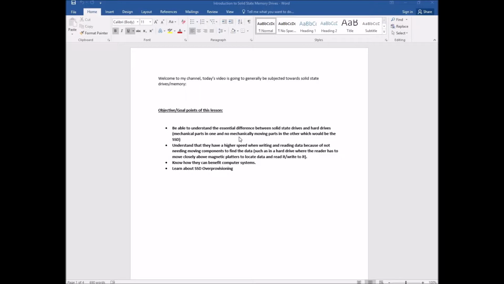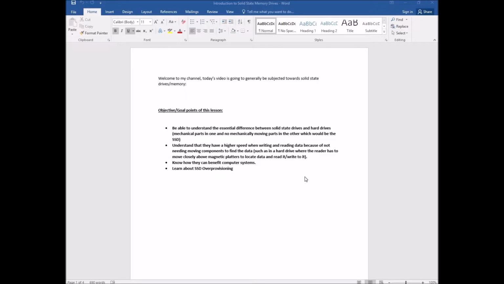The next one is to understand that they have a higher speed when writing and reading data because they don't need moving parts to find the data, such as a hard drive, which has to closely move a magnetic head over some magnetic platters in order to have data read from it or written to it.